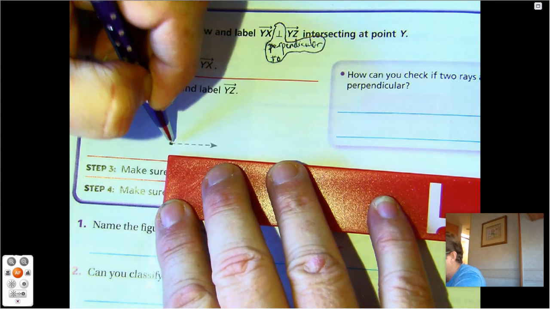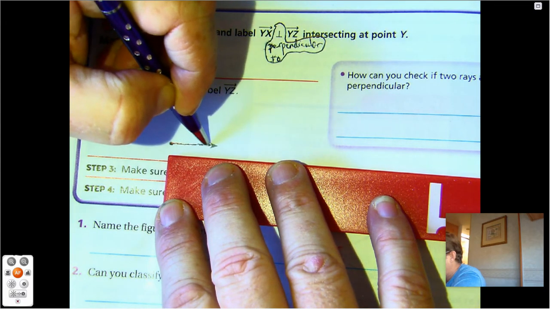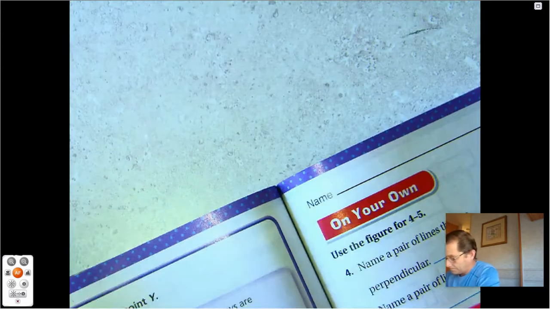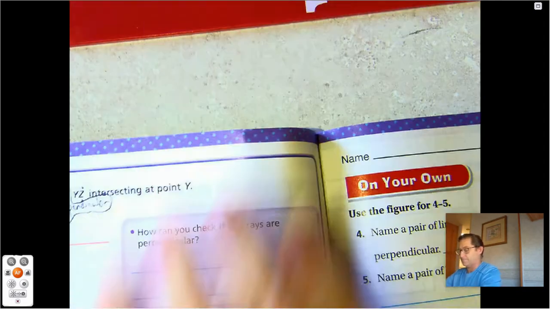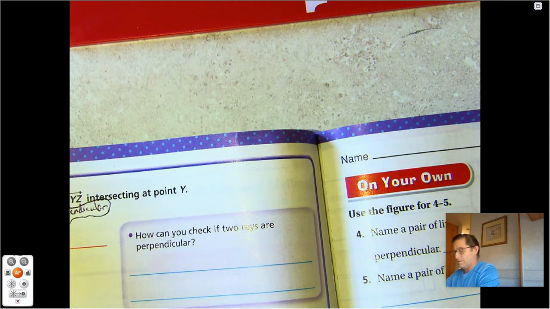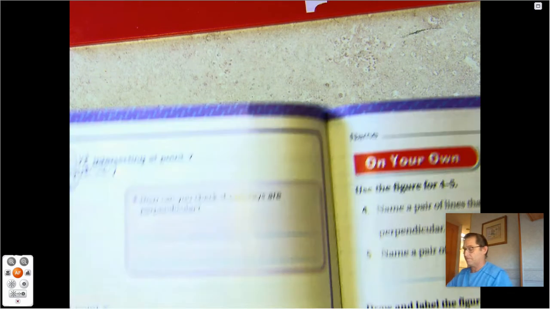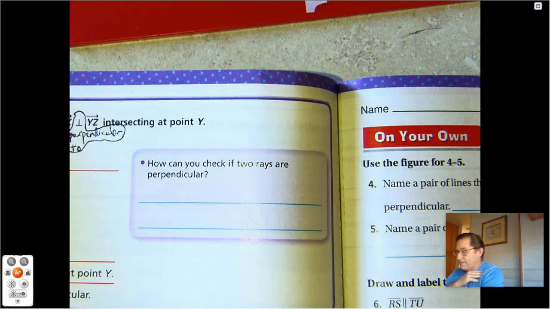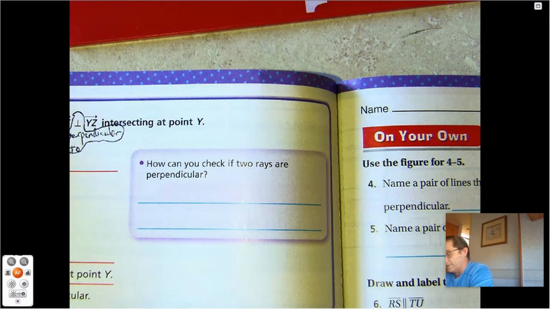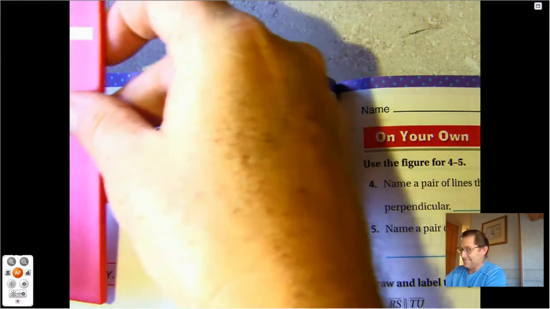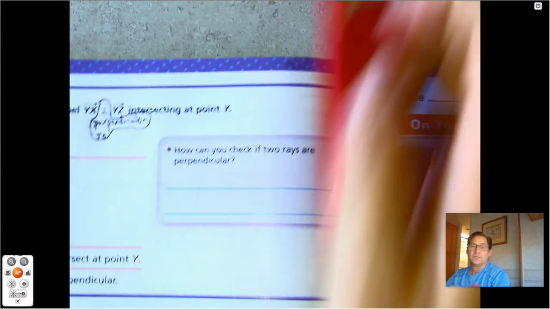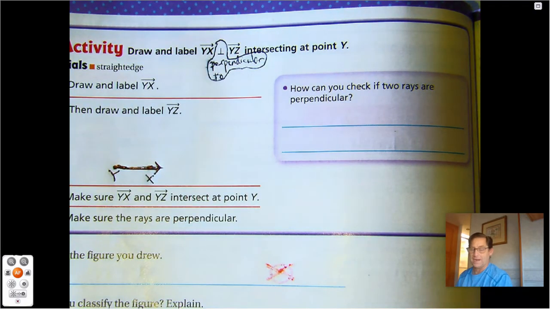They've started that for us. Okay, so Y, X, and now draw and label YZ. It's perpendicular, so it has to form a right angle.